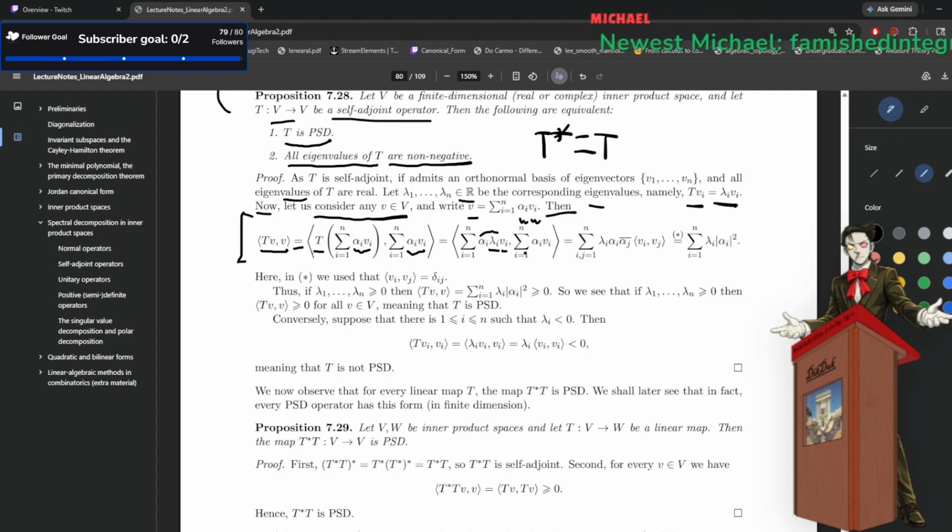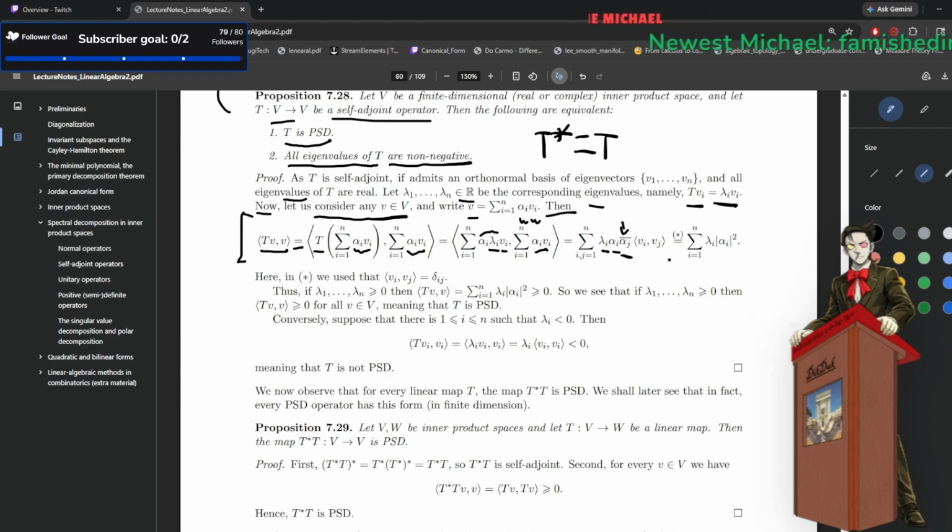This is applied to vi, and you have alpha i vi, which is equal to the sum of lambda i alpha i, alpha j bar, by the way, because this is the inner product space, and we're trying to move the alpha j on the outside of this.